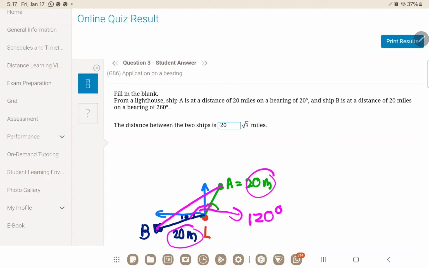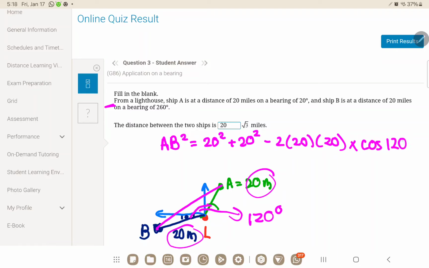If we did the last quiz, we would know that when you have two sides, one angle, and you want another side, we can use the cosine rule, which is side AB squared equals side 20 squared plus 20 squared, which is side AL squared and side LB squared, minus 2 times 20 times 20 times cosine of your angle, which is 120.